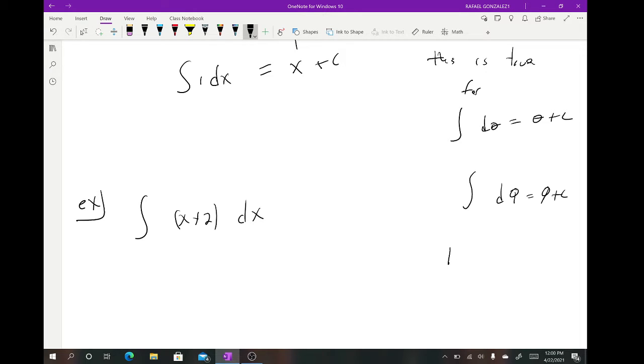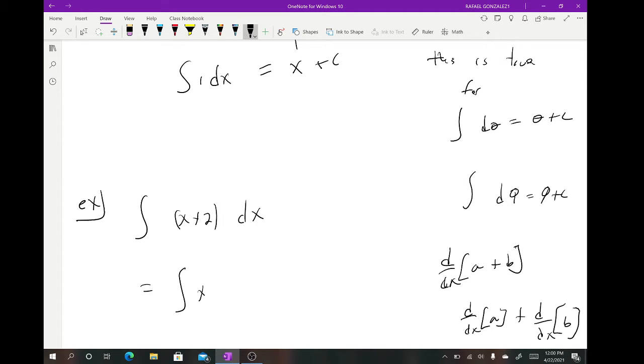So if I had d/dx of, let's say, a plus b, where a and b are functions, then that was the same thing as d/dx of a plus d/dx of b. So the same is true for the antiderivative. We could actually split it up as the integral of x dx plus the integral of 2 dx.